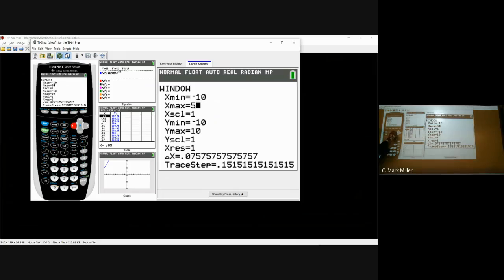Well, not even that far. Let's do 30. Then X scale, let's do 10. Y minimum, oh dear, let's do minus 5,000. Y max, 30,000. Y scale, 5,000. You don't have to use the same values I did. I just want to get enough of the graph on the screen. I may not have gotten it right, or at least I may not have gotten it the way I like it. Hit trace.